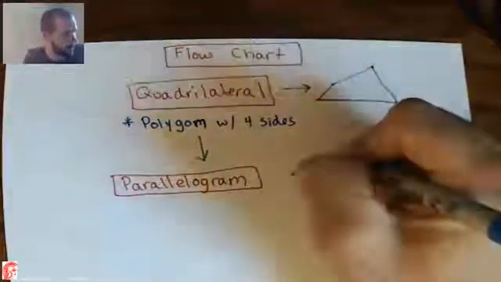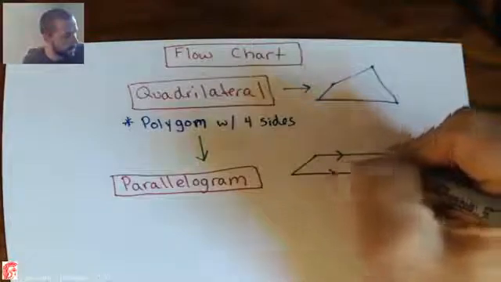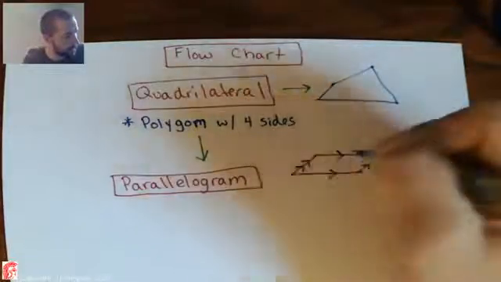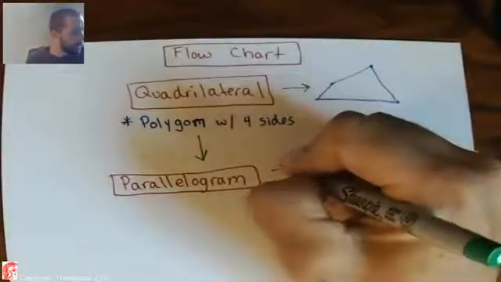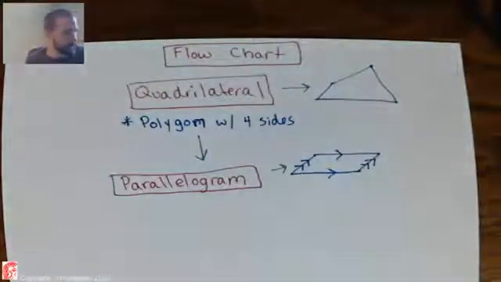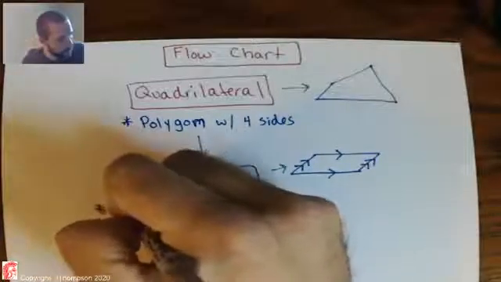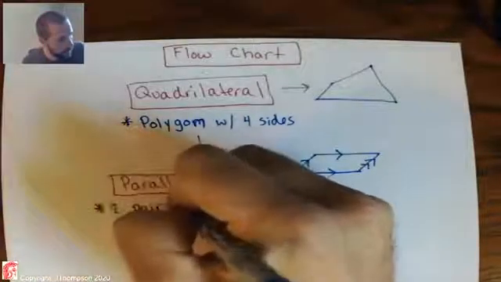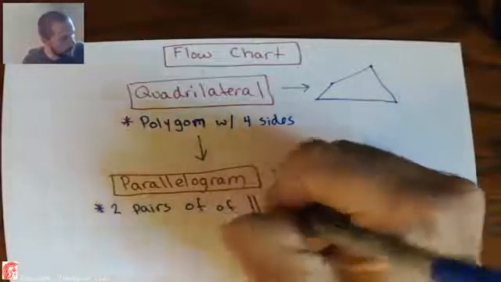A parallelogram has two pairs of opposite sides parallel. So it would look something like that. So I'll write down what that definition is: two pairs of parallel sides.